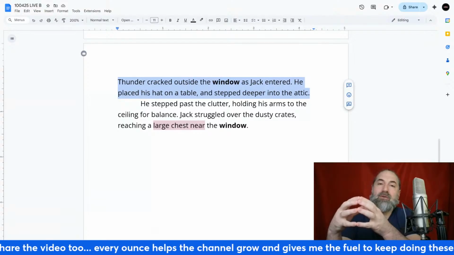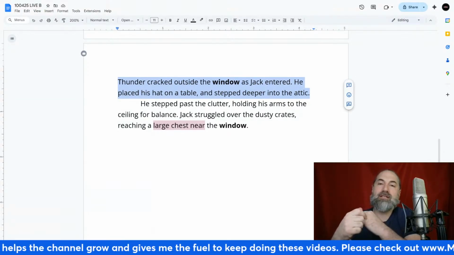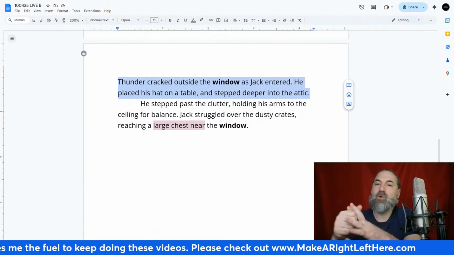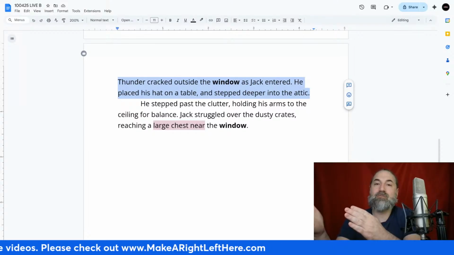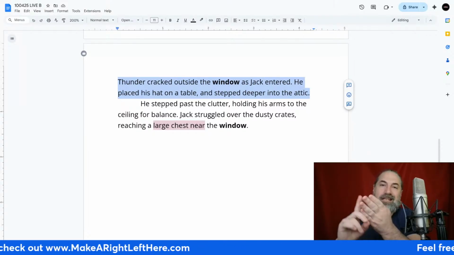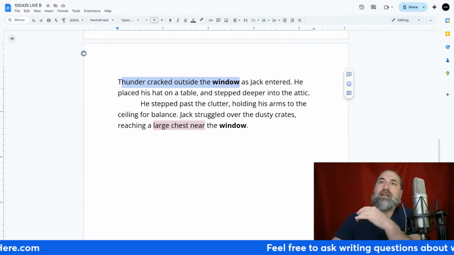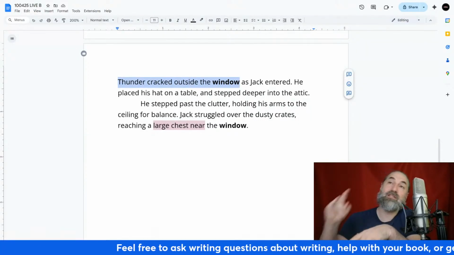And by the way, when I say information, if we are not exploring the detail of, the emotions of, the perspective of, or the processing of, then it's usually considered faster pace because we're not basically sitting in those things. So thunder cracked outside the window is objectively true. It is what is happening. This is sight.